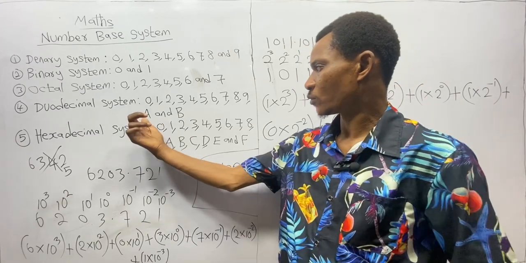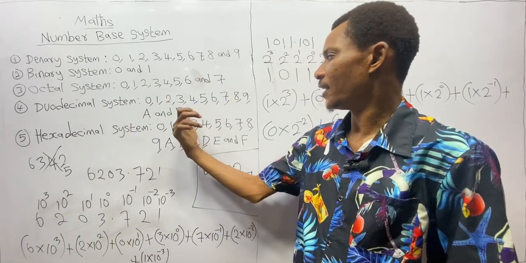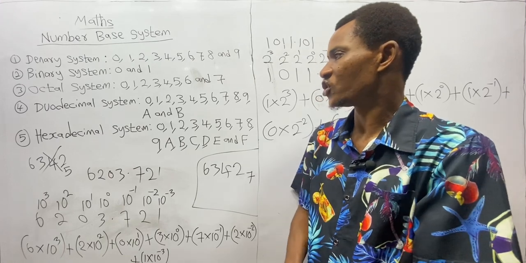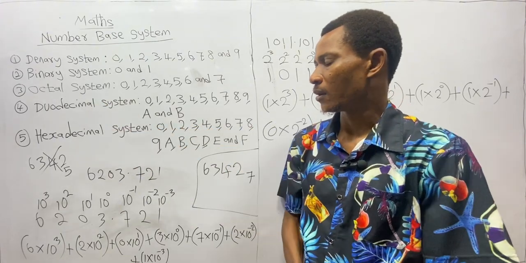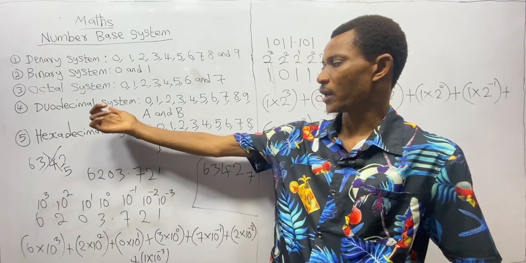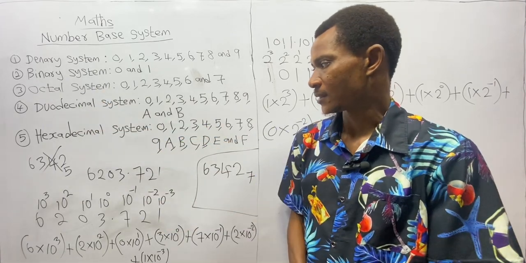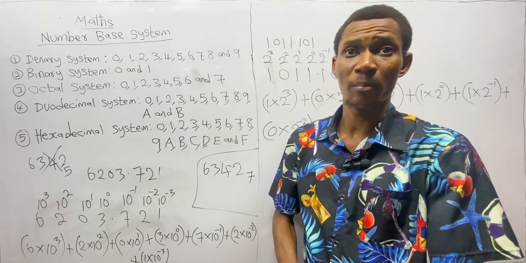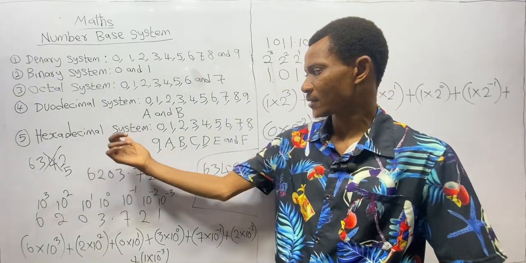So in place of 10, we have A, and in place of 11, we have B. So 11, which is B now, is the highest digit in the base 12, or in the duodecimal system. And that 11 now is 1 less than what? The base number, which is what? 12.